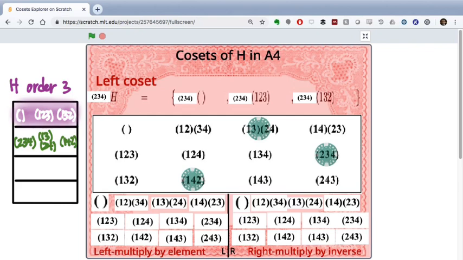So I'm going to kind of keep a list of these observations. That the left coset (2 3 4)H was disjoint. Okay, what else do you notice?